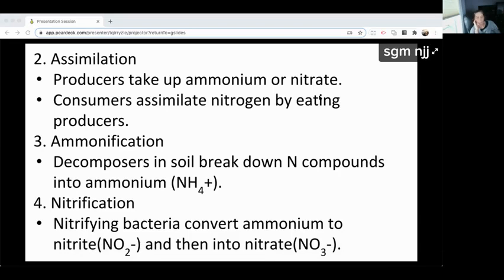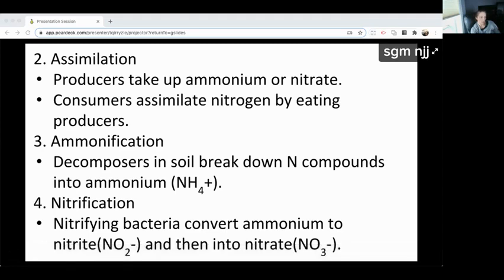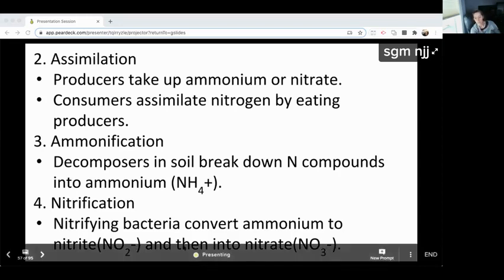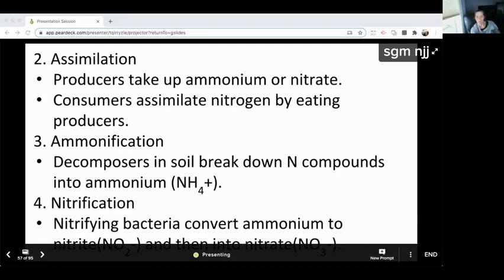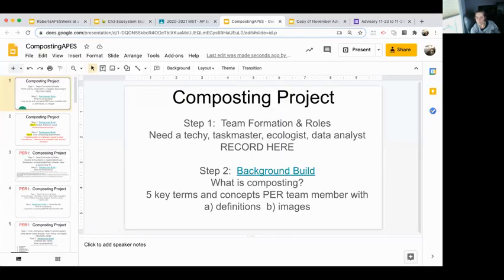I'm just going to go look for the composting link and click on it. Then you can go see. Plus I changed it because I deleted a bunch of blank ones. So it's right here in your stream page. Let me make sure I'm sharing the right page. I am not. There we go.